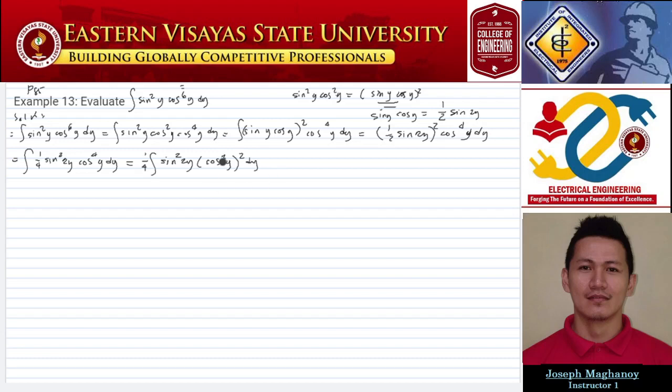Then use the identity. We have an identity for cosine squared y. Cosine squared y is also equal to 1/2 quantity 1 plus cosine 2y. That is your condition number 2. Okay, we replace our cosine squared y with this trigonometric substitution.